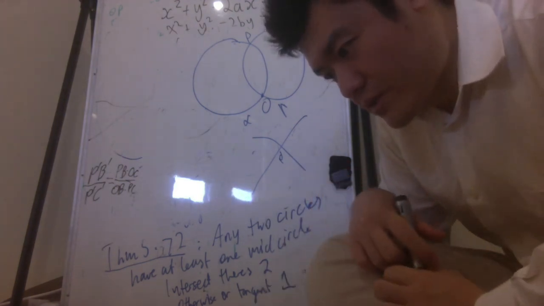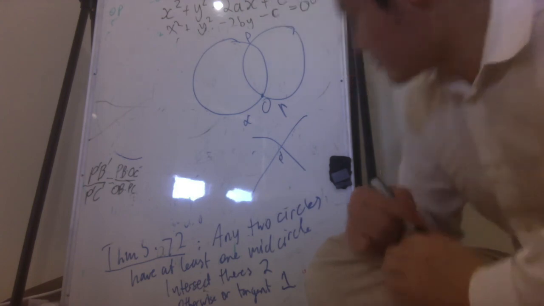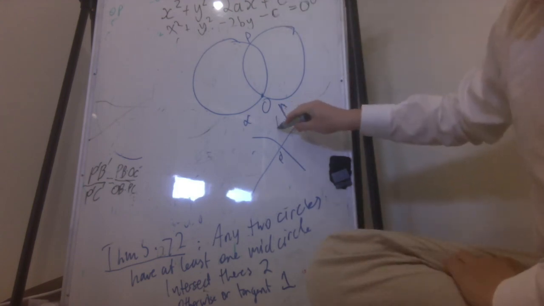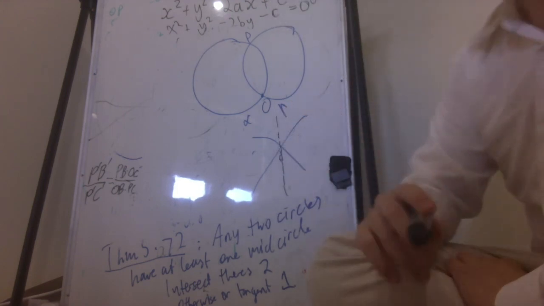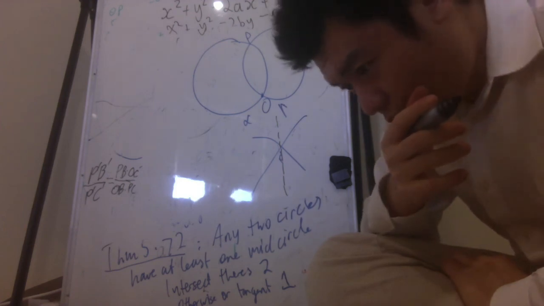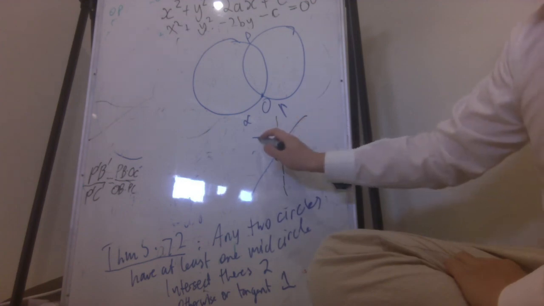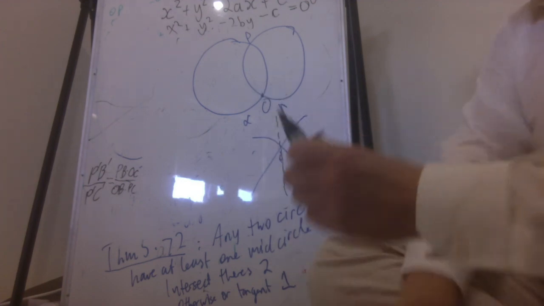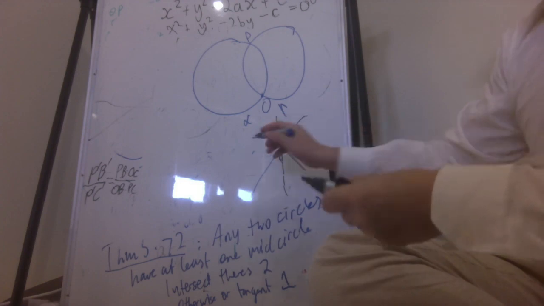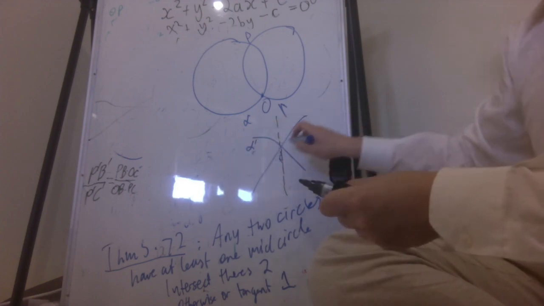Which are transformed into each other by reflection. So you can reflect here. Converting back again, they're saying reflect. So this is alpha prime, and this is beta prime.